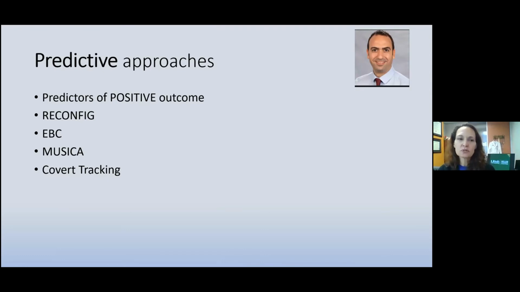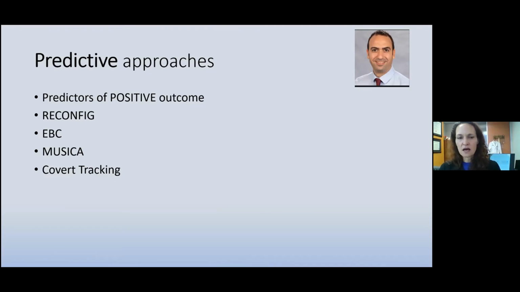So there are multiple studies at variable stages of being carried out here, and also in collaboration with other centers. Reconfig is looking at EEG changes in unresponsive patients with intracranial hemorrhage. EBC is with TBI patients.